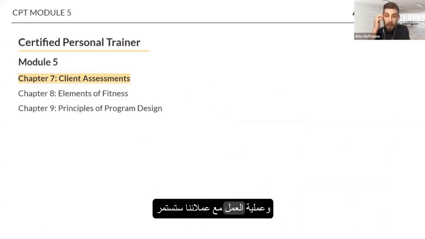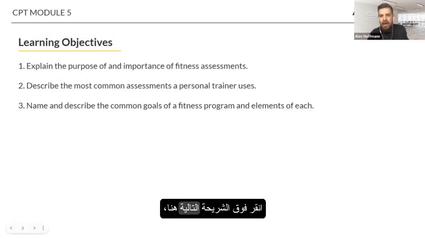The process of working with our clients is always going to begin with client assessments. So we can go ahead, click on over to our next slide here, and read through what the learning objectives are for Chapter 7.